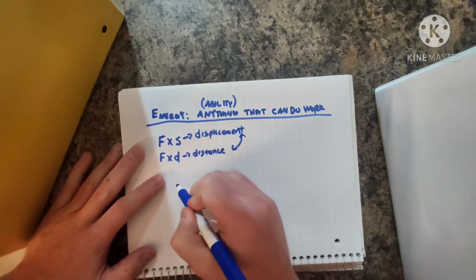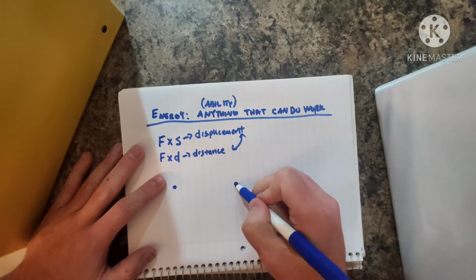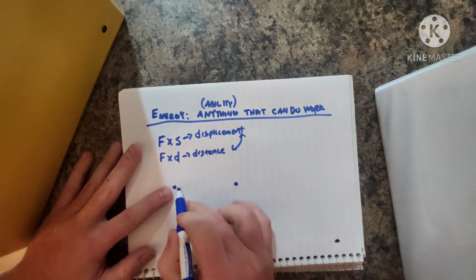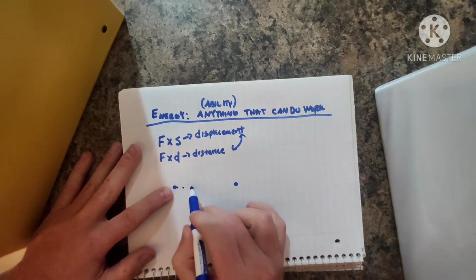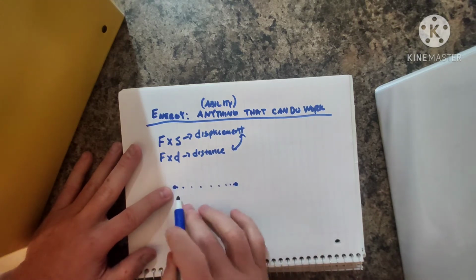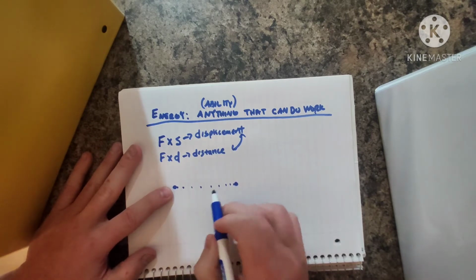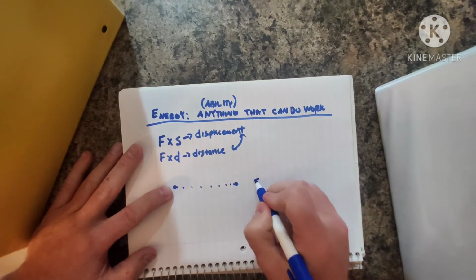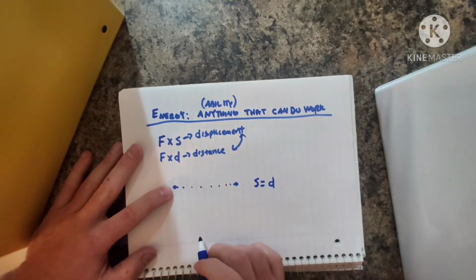So let me give you an example. If I have 2 points, and I wanted to walk from point 1 to point 2 in a straight path, the distance between these 2 points and the displacement of this path that I walked is the same. So in this case, S is equal to D.